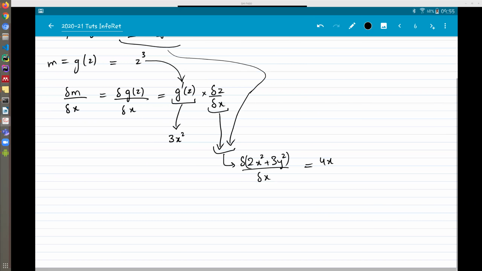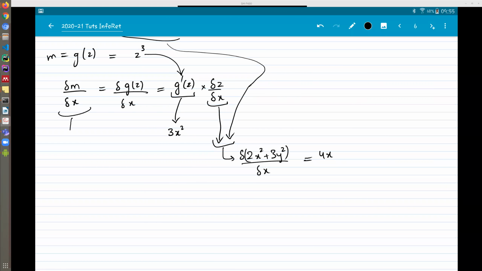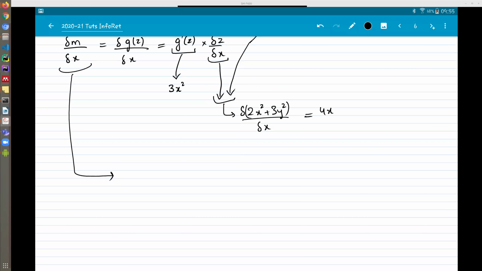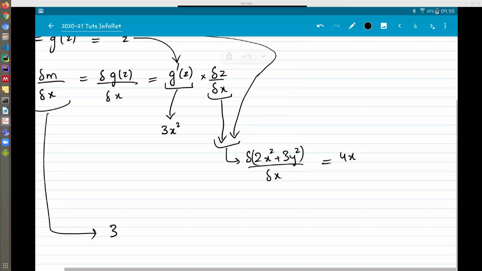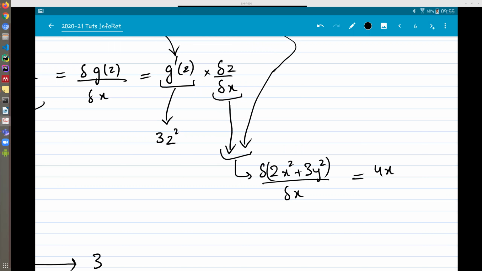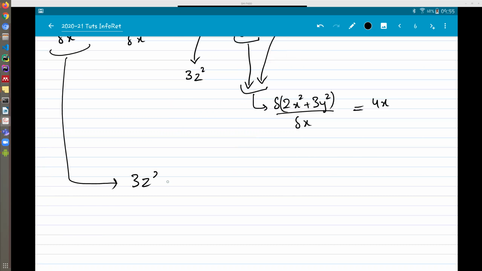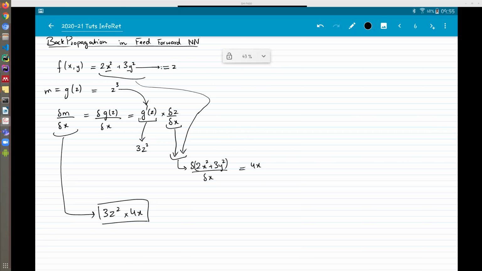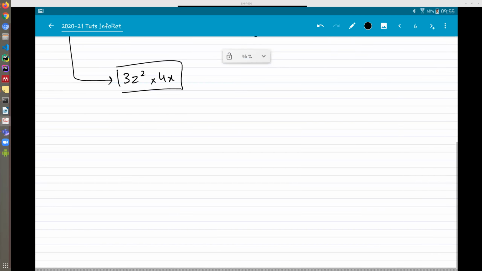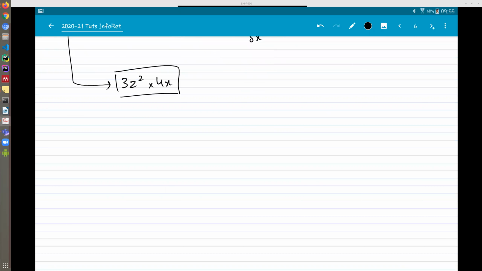In order to compute this thing, we go step by step through the functions, provided that all the functions are of course differentiable. So it becomes, I'm sorry, this should be 3z square, so this becomes 3z square into 4x. Okay, 3z square from this and 4x from this term. So this is the basic chain rule in a nutshell, and I strongly assume that you are all already familiar with this thing.